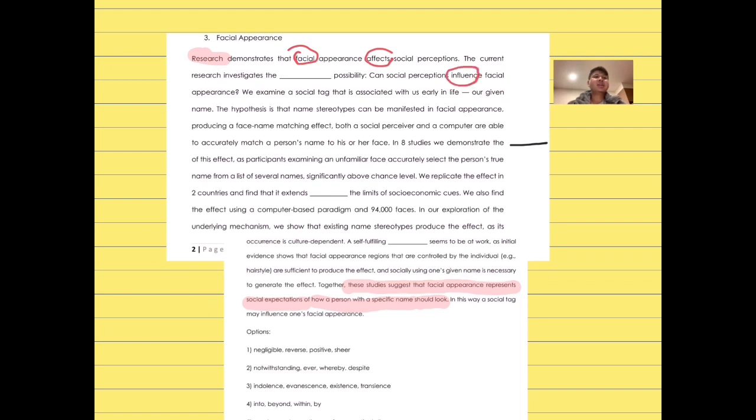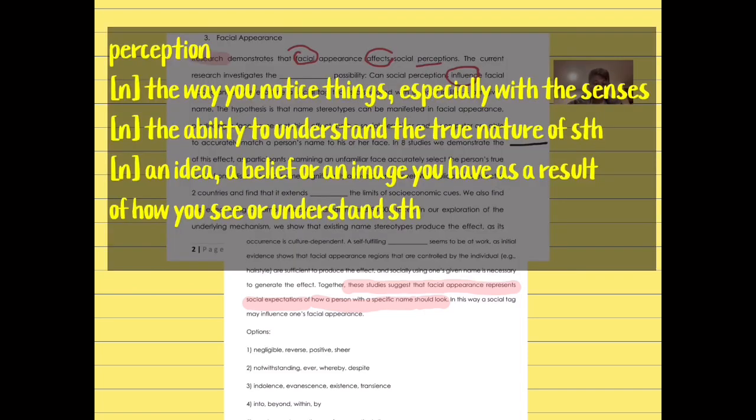You see, this is how they write formal writing. Face affects social perception. What is perception? Perception is the way you notice things, especially with your senses, the ability to understand the true nature of something, or an idea, a belief, or an image you have as a result of how you see things.